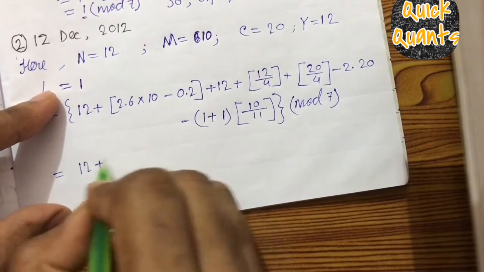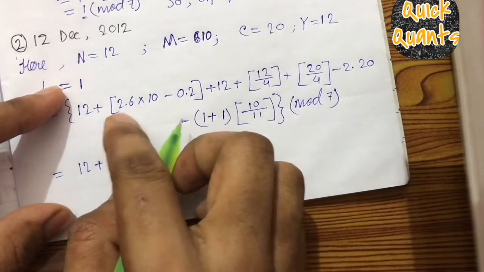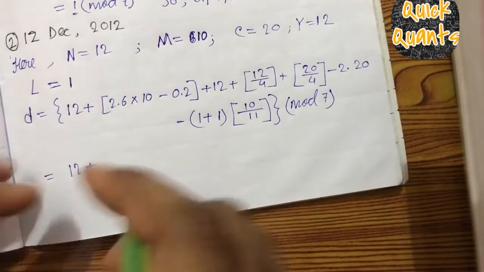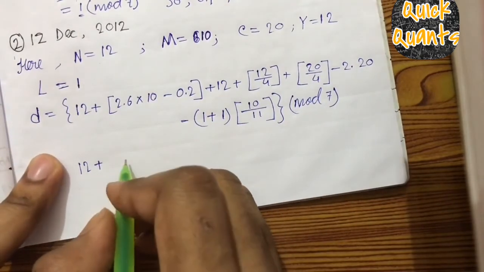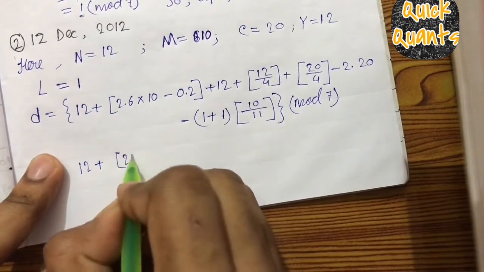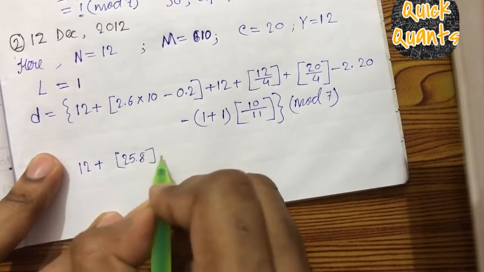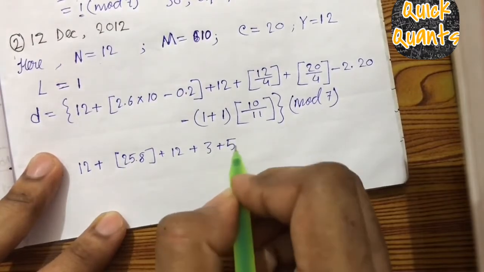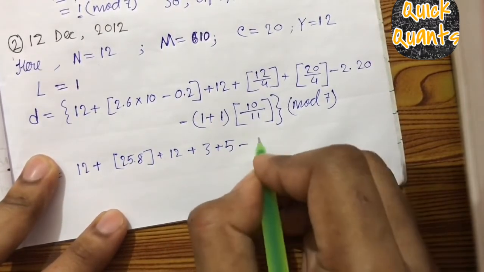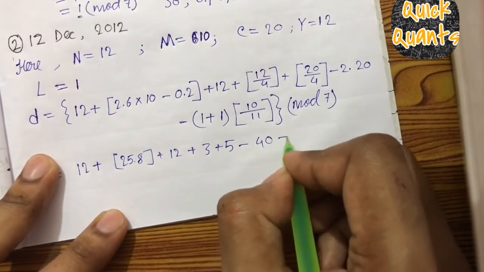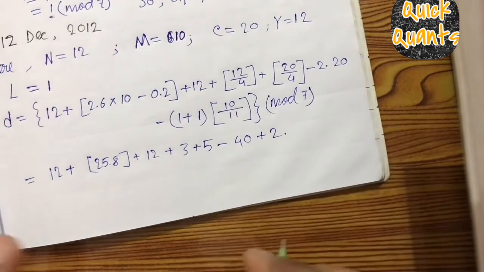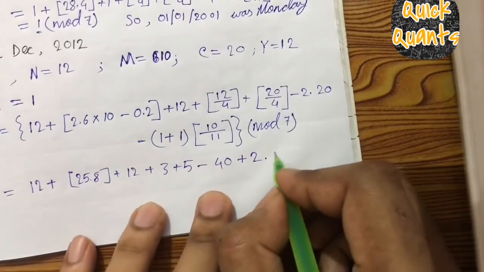It becomes 12 plus 26 minus 0.2, it's 25.8, floor of 25.8 plus 12 plus 3 plus 5 minus 40 plus 2 into floor of 10 by 11, which is 0.